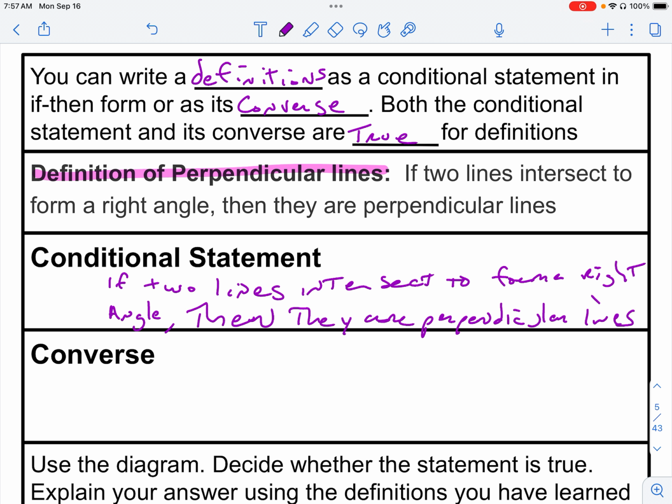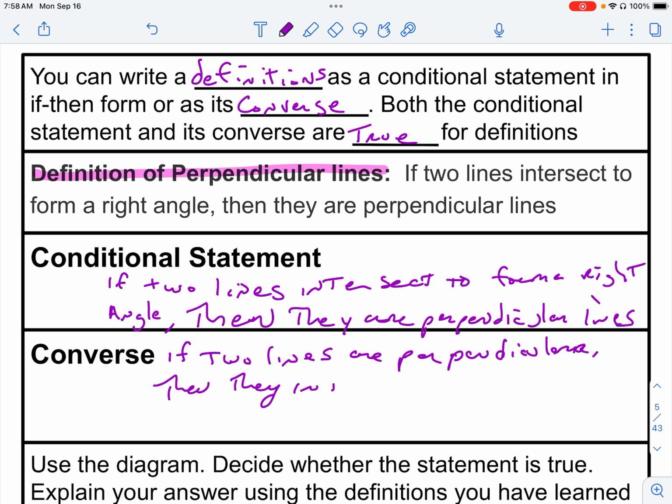Now if we take the converse and reverse our hypothesis and conclusion, we get: if two lines are perpendicular, then they intersect to form right angles.